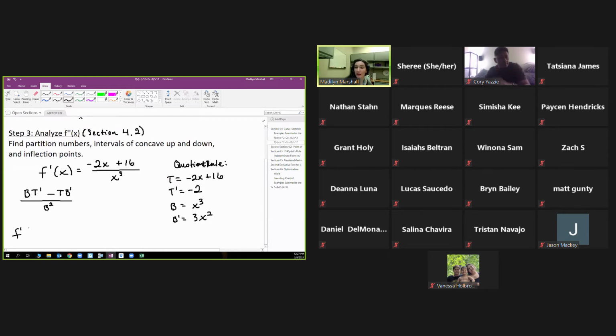So now we're going to get f double prime by putting all of this into the quotient rule. Bottom is x cubed times the derivative of the top, negative 2, minus the top, negative 2x plus 16, times the derivative of the bottom, 3x squared, all over the bottom squared.